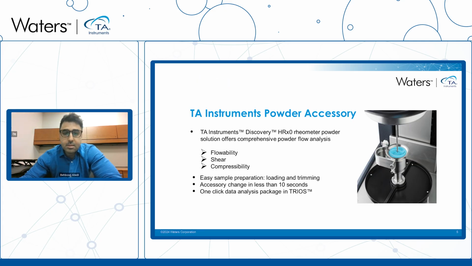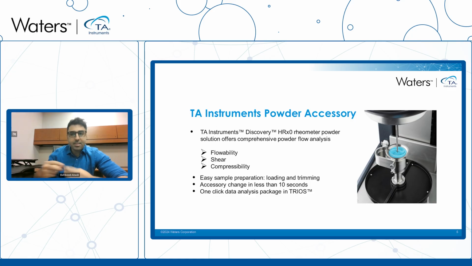That's exactly why TA Instruments entered here and introduced this powder accessory to help advance powder rheology and our understanding of powder characterization. The beauty of this accessory is that you can do the flowability test, shear test, and compressibility test all together.